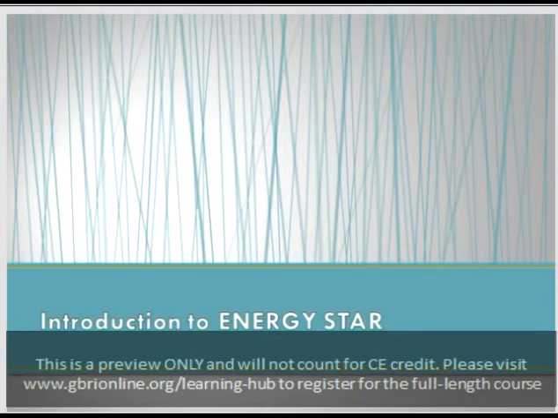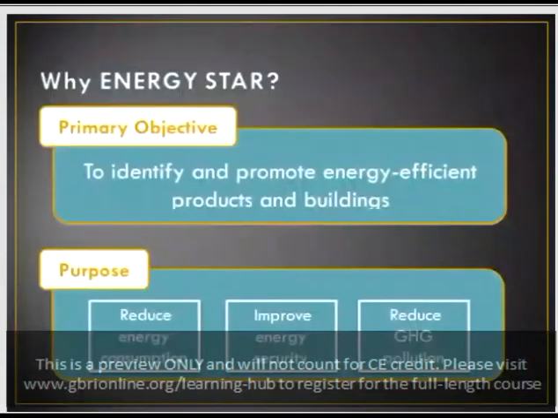And now we'll go over a general introduction to Energy Star. Now, before we get lost in a bunch of details, I wanted to explain the overarching purpose of Energy Star and why it exists. The primary objective of the Energy Star program is to identify and promote energy-efficient products and buildings.